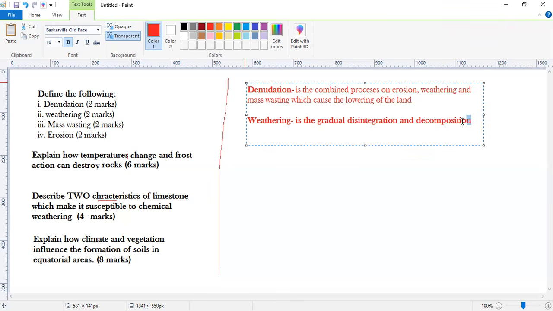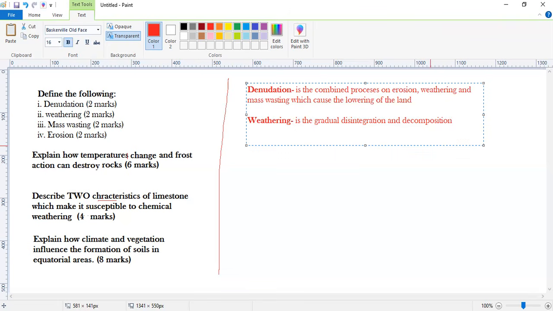Disintegration is related to physical weathering. Decomposition is related to chemical weathering. All right. And remember that biological weathering can also take place as a physical process or as a chemical process. So it's included in the definition.